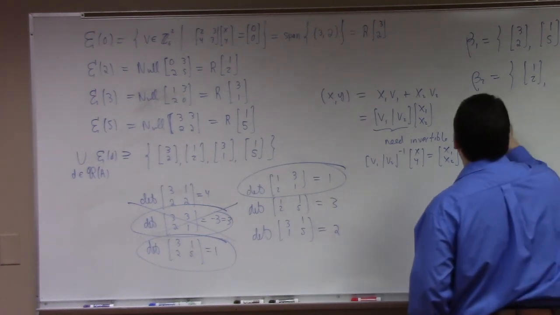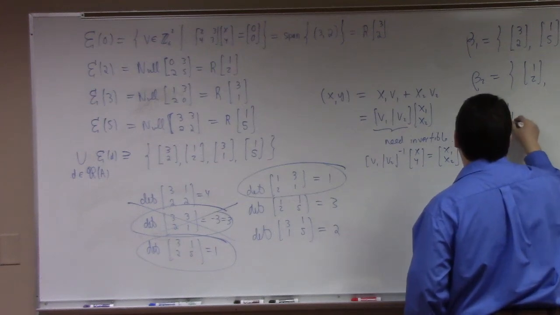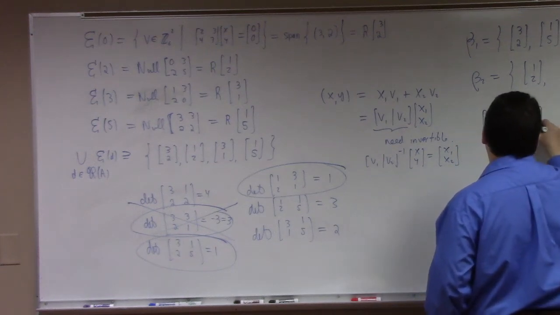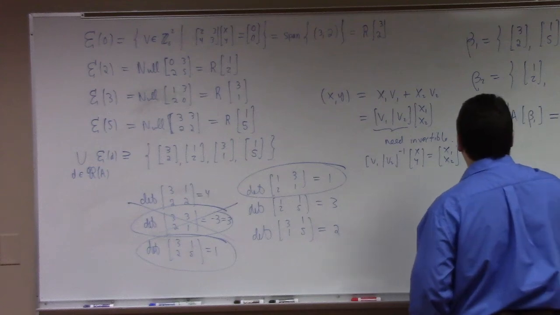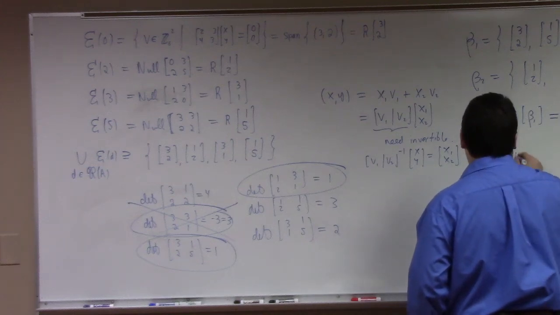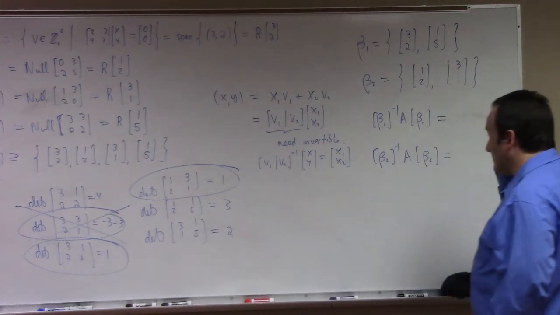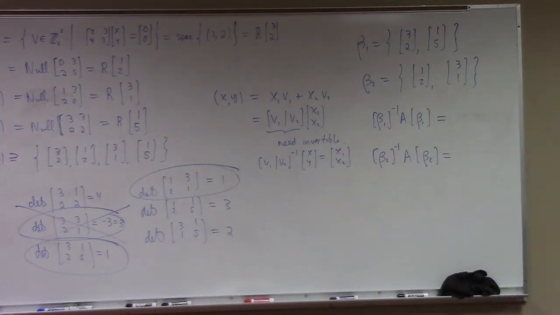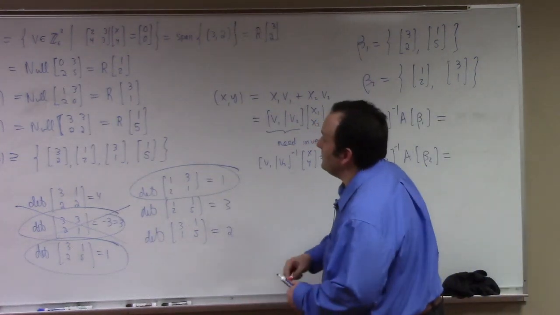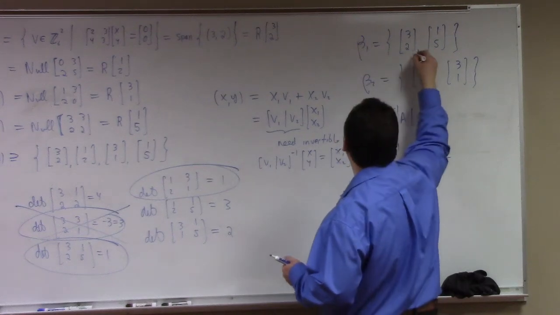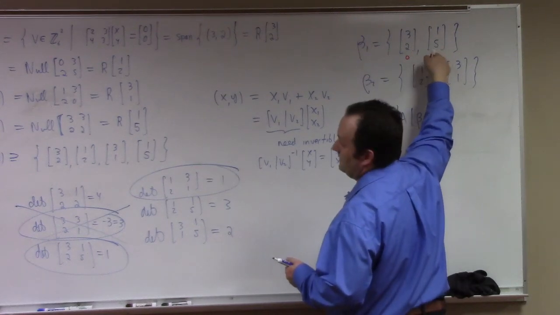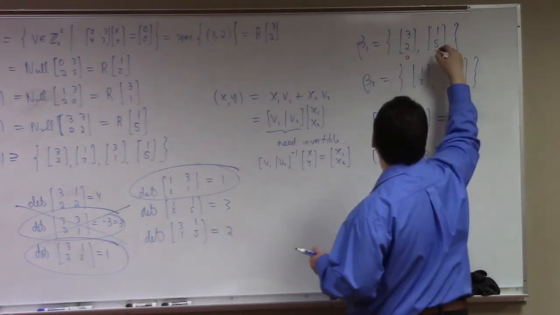And if we calculate beta 1 inverse A beta 1, for the usual linear algebra reasons, what will we get? Where is that 3, 2 coming from? Let me write it under these. 3, 2 was from 0, right? 1, 5 was coming from the 5.